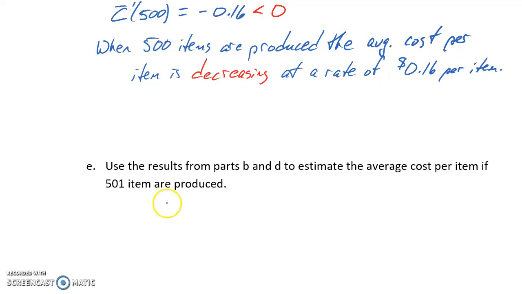So in this case, that would be 280, which is the current average cost per item, minus 0.16. So if we're going from a production level of 500 to 501, then our average cost is decreasing by approximately 16 cents. So we take that difference to generate a new average cost of $279.84.